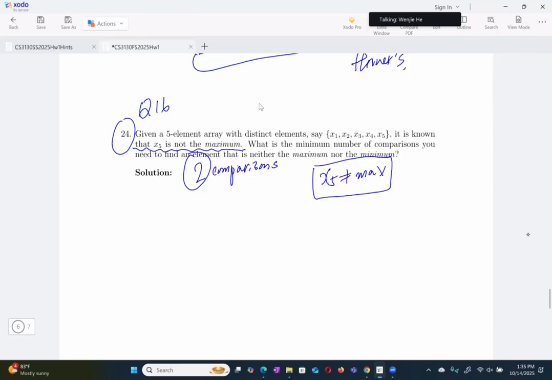But 1 comparison is too much. You ask for too much. So the reasonable target is 2 comparisons. So we work. But how can you do it?